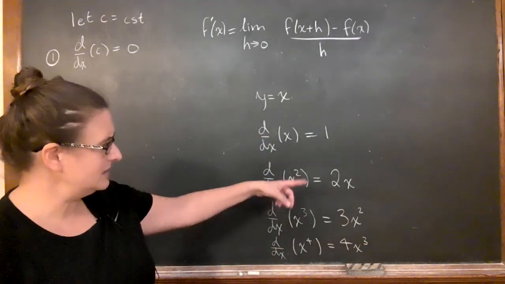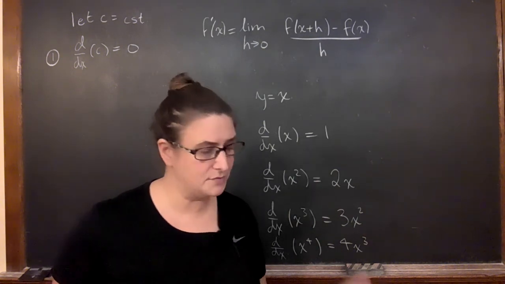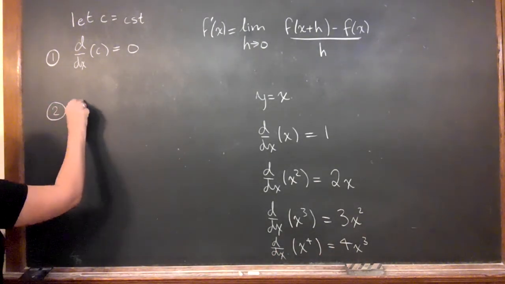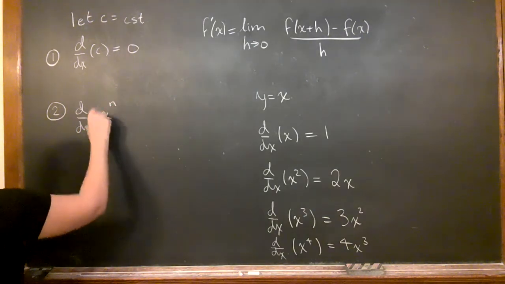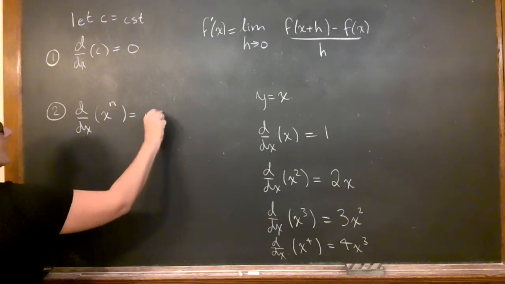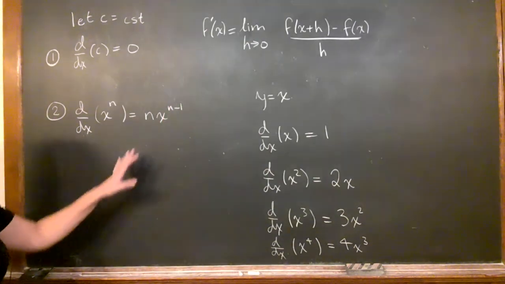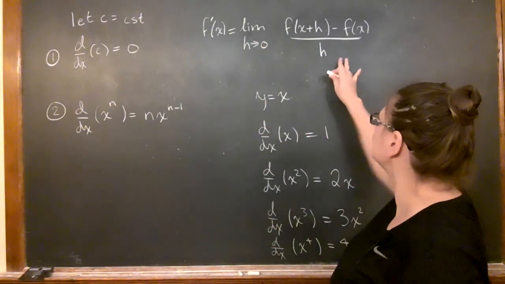And so you see there's a pattern here, and that pattern is called the power rule. And we will use that all the time. The derivative of x to the n is nx to the n minus 1. And it's much easier, of course, to do this than it is to do this.